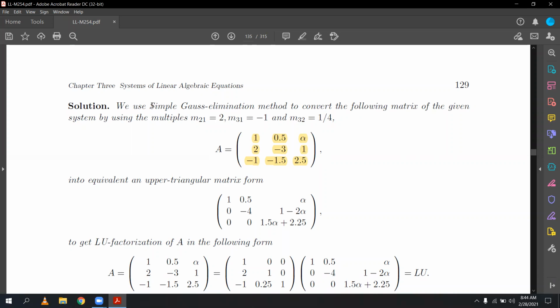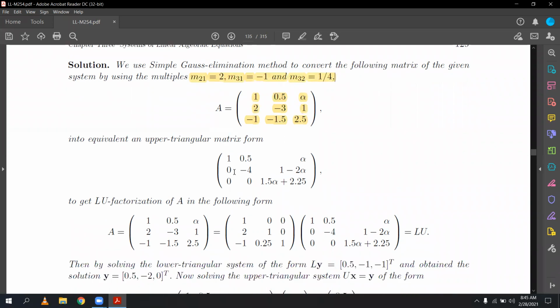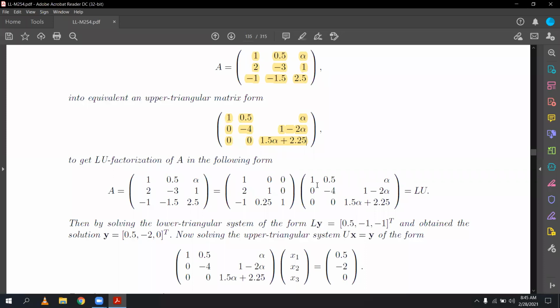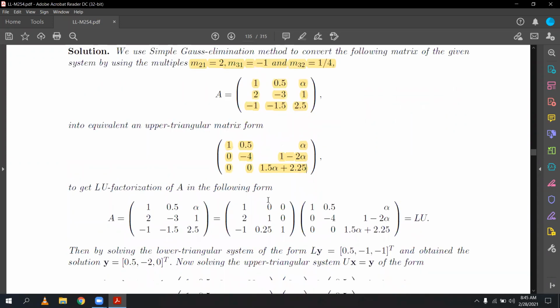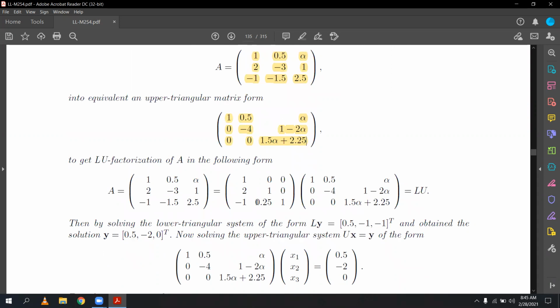When you find L and U, you know how. We use simple Gauss elimination, I mentioned here. And we use these 3 multipliers, which help us convert our given matrix A into the shape of U, like this one. After this, you can easily find this U, and the unknown elements of L: M21, M31, and M32. This is what we have here now.